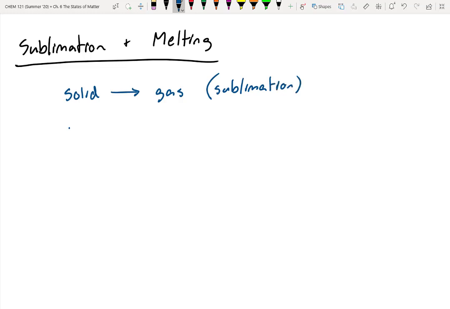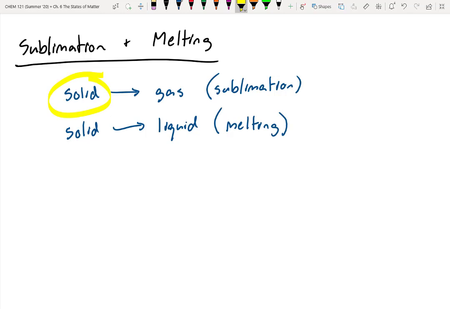Melting is when you have a solid going to a liquid. And like I said, it just depends on the solid you're working with. If you're working with dry ice, which is solid CO2, it'll go directly to a gas at room temperature. However, if you've got solid CO2 and you pressurize it at a really high pressure, it'll actually go through the liquid stage. So all of this is dependent on pressure.